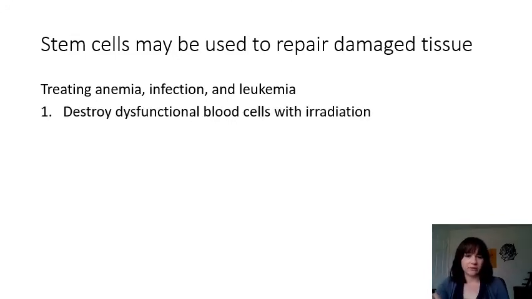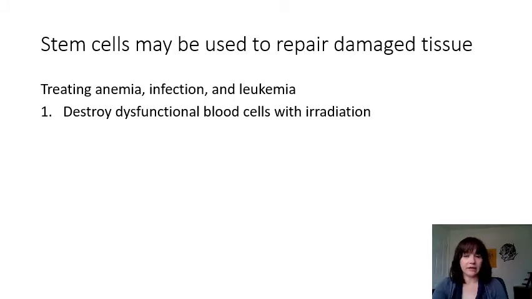This is really the first real successful use of stem cell therapy, and it's bone marrow transplant. The doctors will first remove all of the dysfunctional or damaged blood cells, and then they will replace those cells with a donation of healthy blood cells. And in this donation are stem cells, blood stem cells. Eventually those blood stem cells will divide enough to repopulate all of the lost cells.